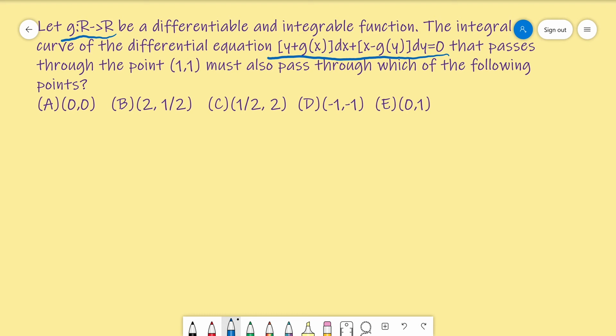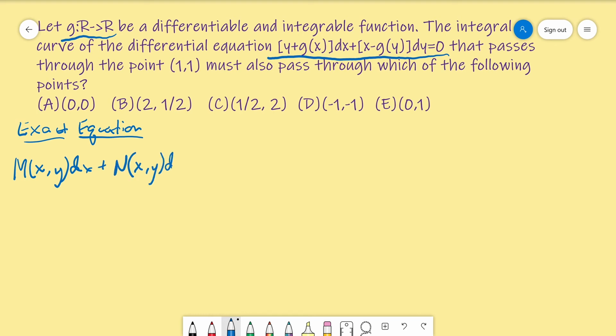So the key to this problem is to recognize that this differential equation has the form of what's called an exact equation, and I'll give you a little reminder of what that is. An exact equation is an equation of the form M of x, y dx plus some function N of x, y dy equals 0.